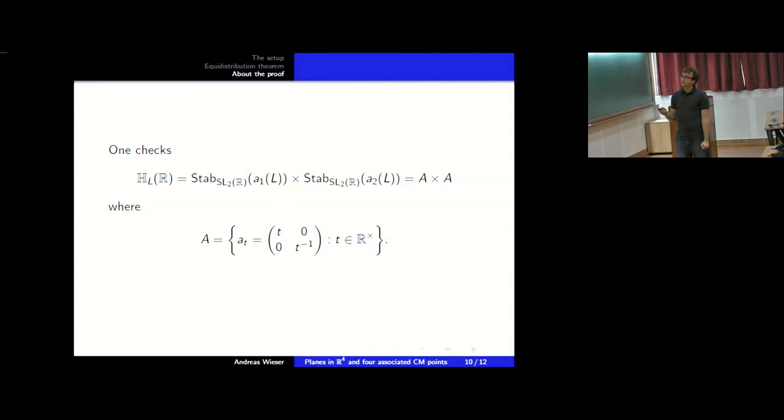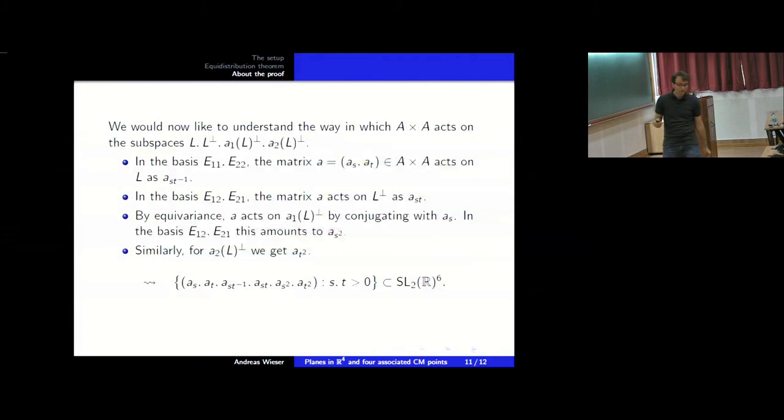Now, what we want to understand is the way in which this product acts on the subspace, the orthogonal complement of the subspace, and the orthogonal complements of the vectors we attach to it, okay? That's what we need to understand. So let's take L and let's understand how A times A acts on L. If you look at just this basis like we did before, okay?